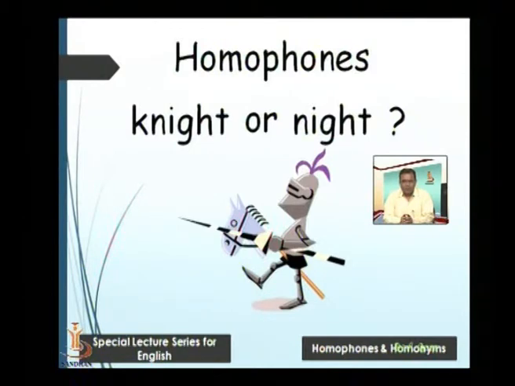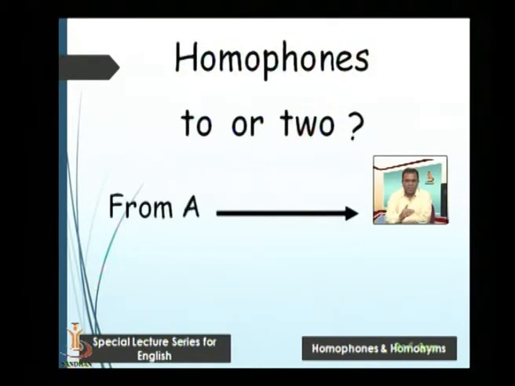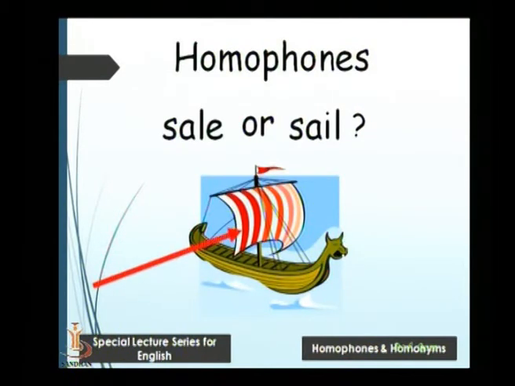The picture is that of a warrior, a knight. The third is sale or sail. Sale, stock clearance sale, S-A-L-E. And sail means making a journey, that is sail, S-A-I-L.